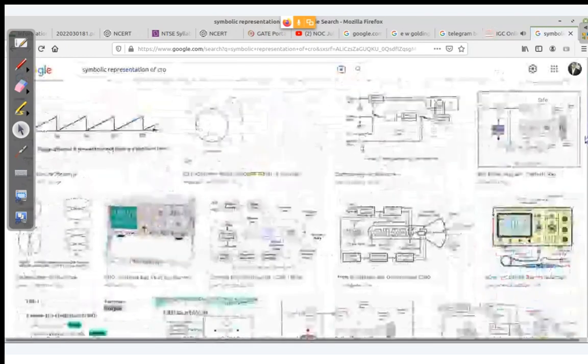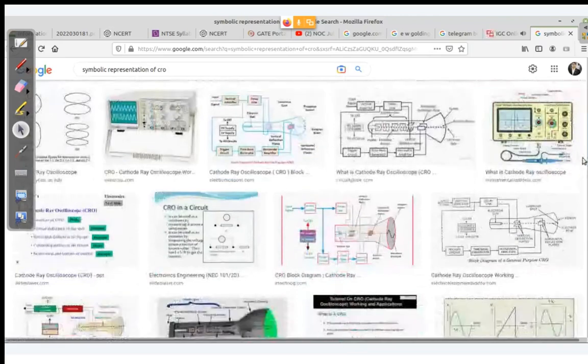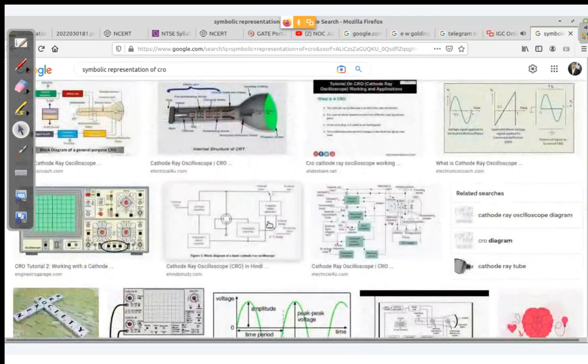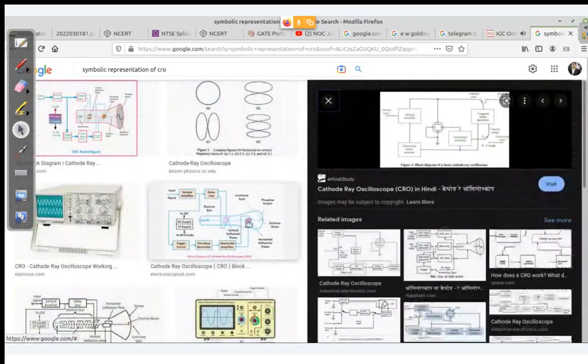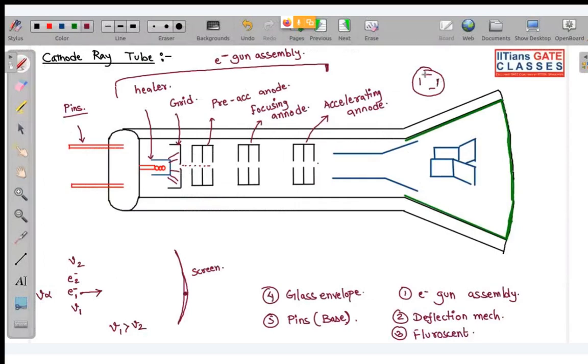One book I had read. Yes, you can see. So this is the symbolic representation of, sorry, not CRO, this is the symbolic representation of CRT. This is the symbolic representation of this whole thing that we are seeing.